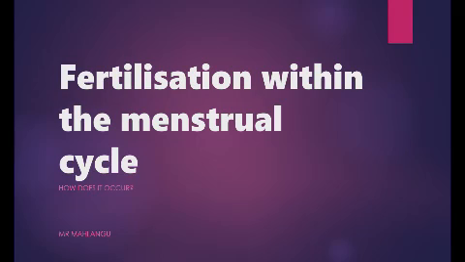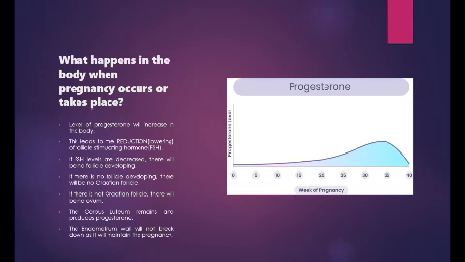Now we will discuss fertilization within the menstrual cycle and how exactly it occurs. We're going to first discuss what happens in the body when pregnancy occurs. The first thing we'll notice is that the progesterone levels in the body will increase.